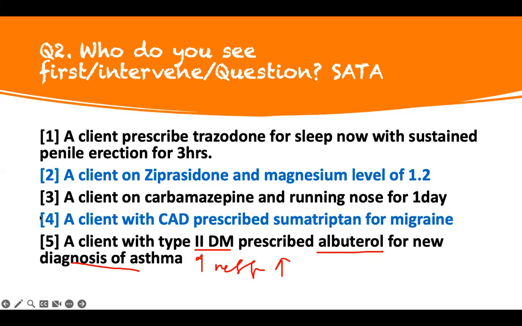As you can see, these people, coronary disease with some triptan, will increase their hypertension and let them have MI. This patient will have sepsis, so it's worrisome.